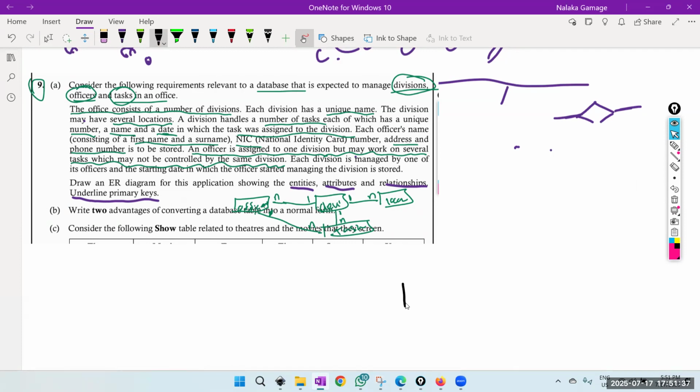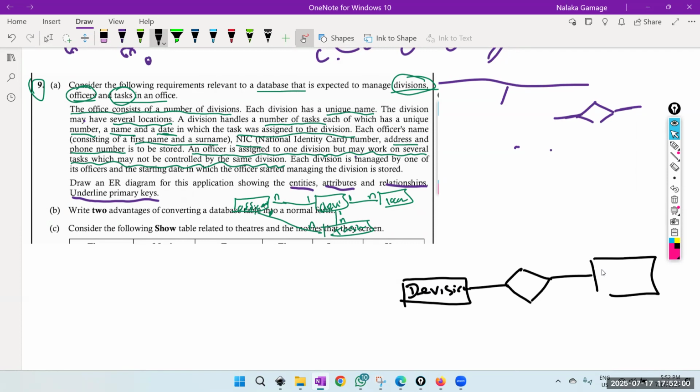So I will go for something like division first. I will add attributes later because the major thing is relationships. Obviously division has many locations. That is not fussy at all.